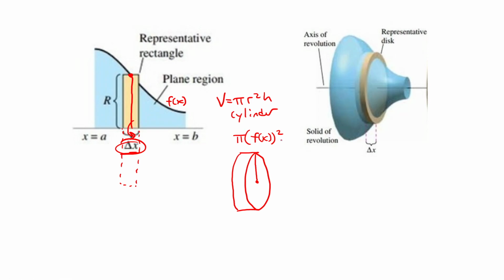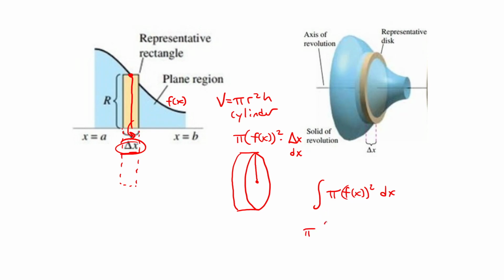And ideally, we would like to make this go as small as possible, right? We'd like to get it to 0, and get an infinite number of cylinders. We've talked about this: when delta x gets infinitely small, we approach dx, this infinitely small change in x. And we therefore get this integral.